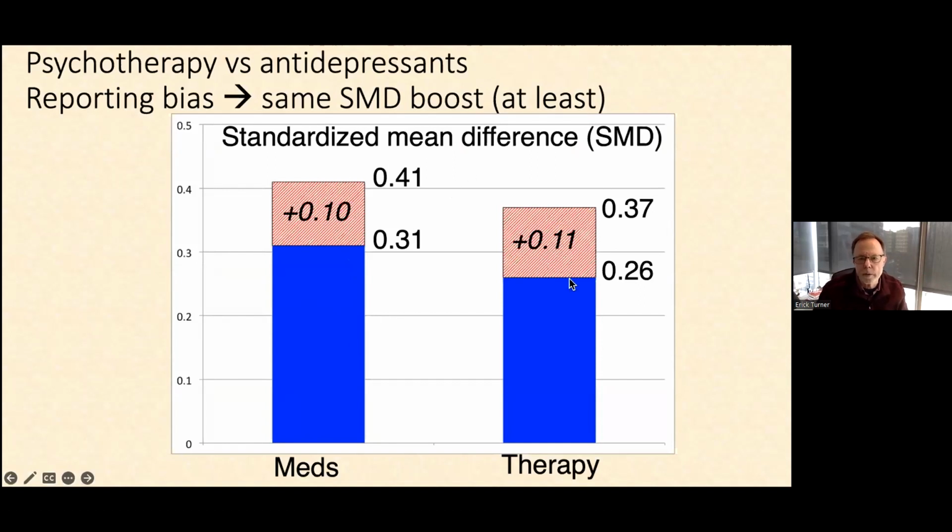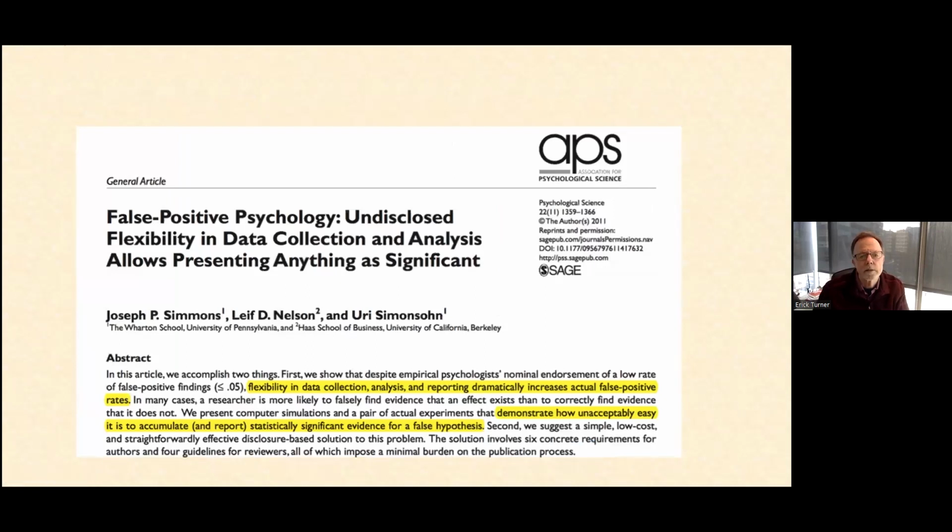Well, with the therapy, there was a boost in the standardized mean difference from 0.26 to 0.37, and just coincidentally, the increment was almost identical to the one for the medications. Here's a title that I think just makes the point: false positive psychology, undisclosed flexibility in data collection and analysis allows the presentation of anything as significant.